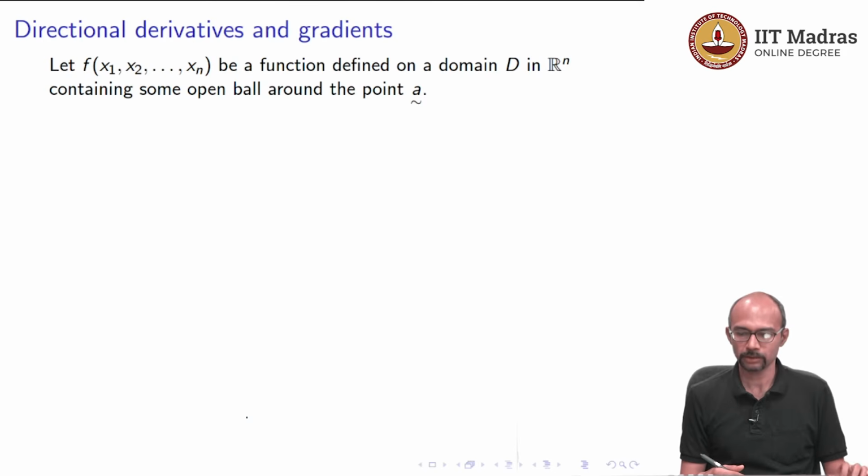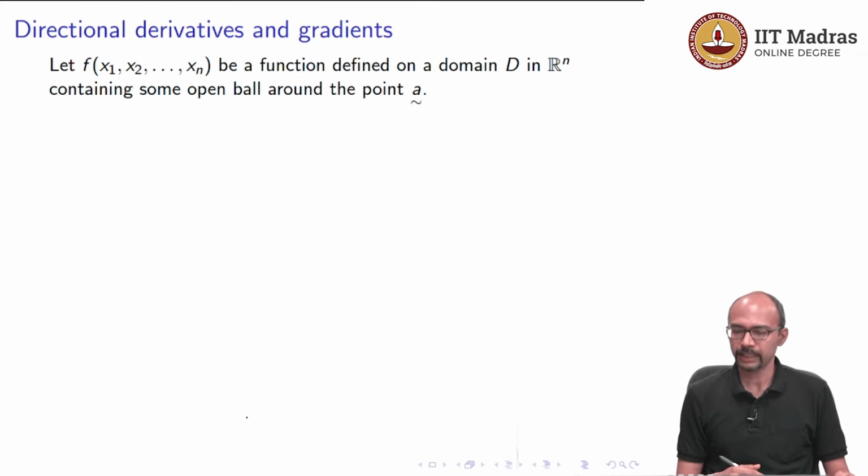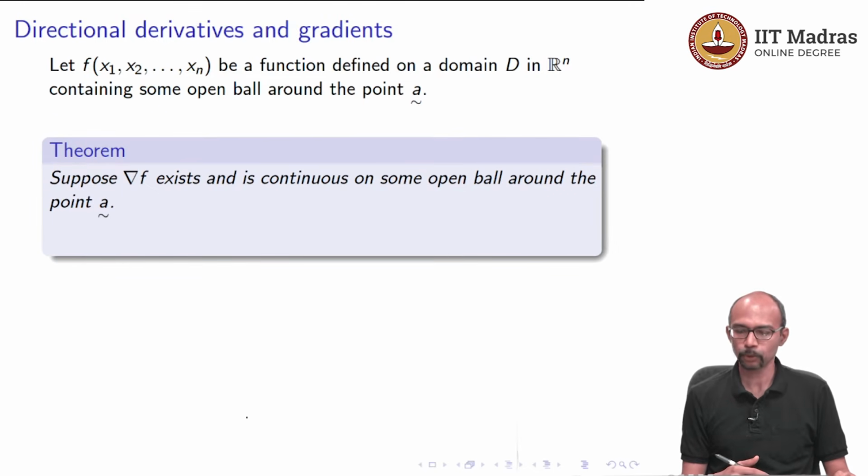Fine. So now comes the all important point of this video, and this is what we want to take home from this video. Suppose there is a function f defined on a domain D in Rn containing an open ball around the point A tilde. Theorem: suppose gradient f exists and is continuous. So, this is really why we had to talk about limits and continuity.